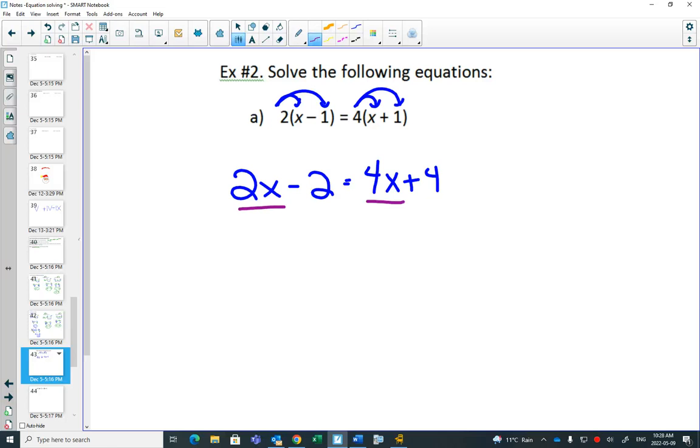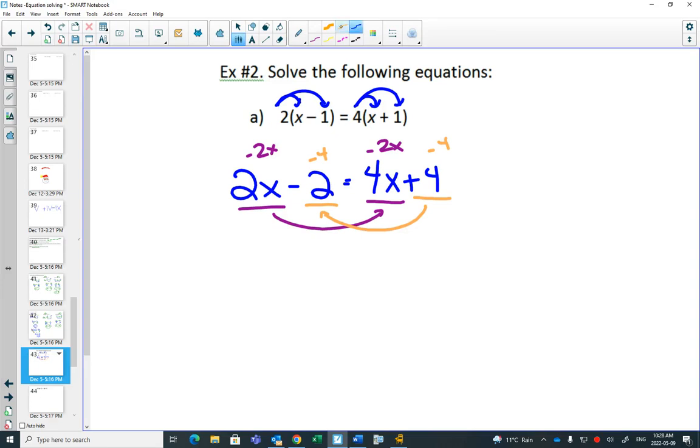In this case, I would probably move it to this side so I don't get any negatives with my x. But that means with these like terms, my 4 and my 2, if you're moving your x's to the right-hand side of your equation, you'll want to move your numbers to the other side. So I'm going to subtract 4 for both of those.